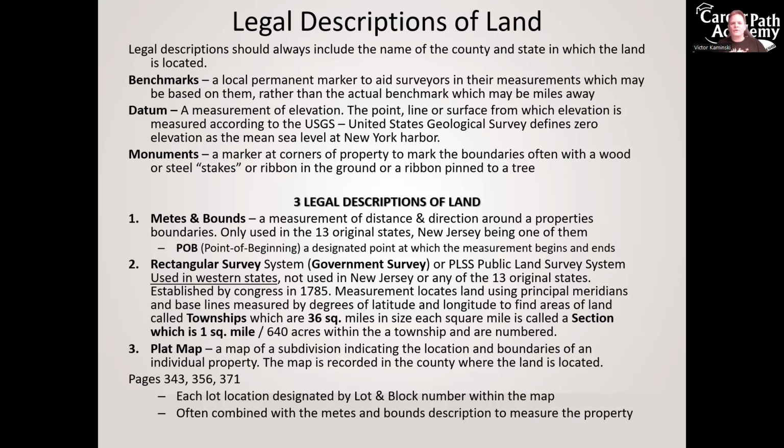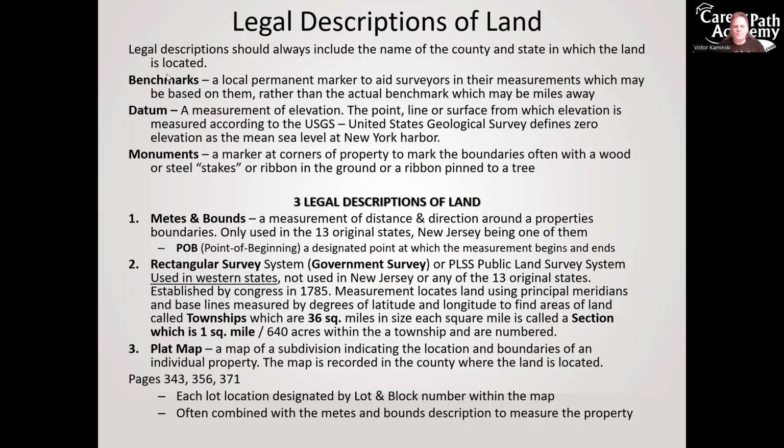The United States Postal Service can change your address on you. So it's not a way to locate land. Only these three legal methods are metes and bounds, rectangular survey or government survey, and a plat map. Now, often they combine legal descriptions, metes and bounds, with the plat map. We'll see a little bit further what I'm talking about.